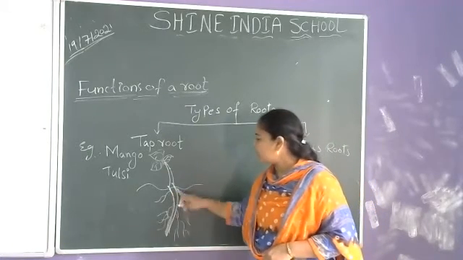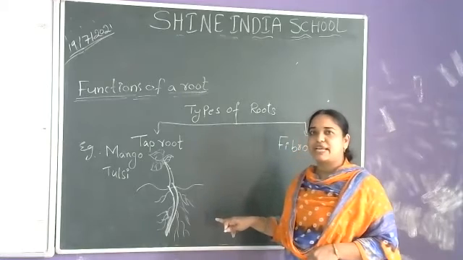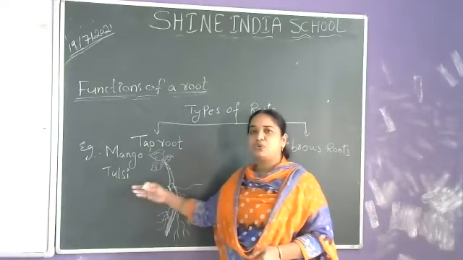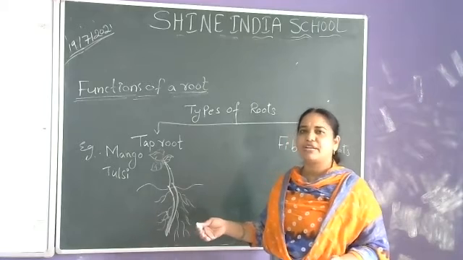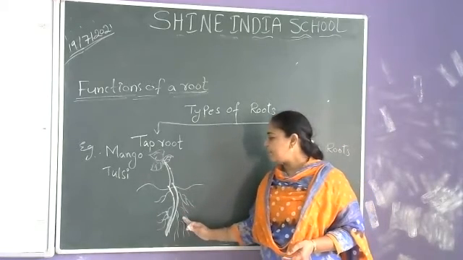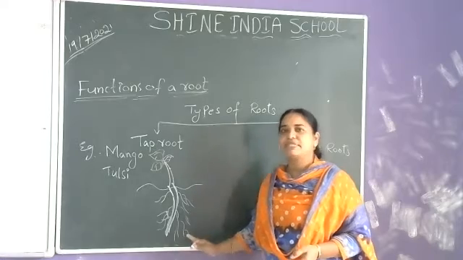Only one main root is there, and from that main root a number of small roots arise. So mango, tulsi, and so on have a taproot system. Are you clear about the taproot system, children?